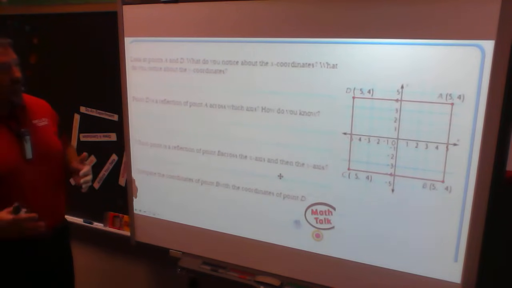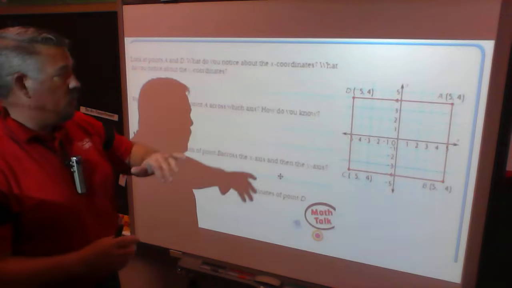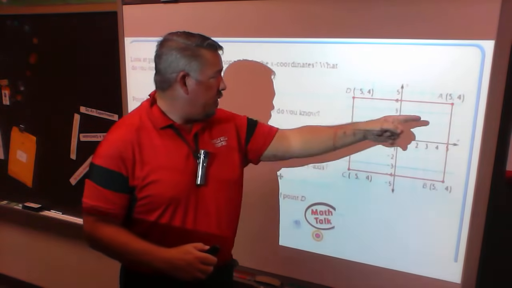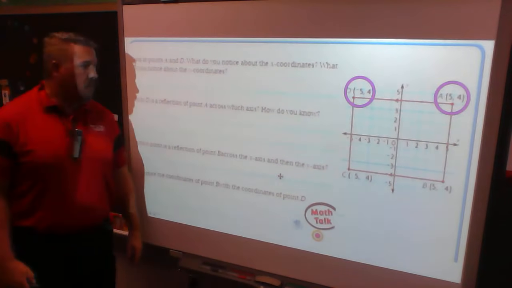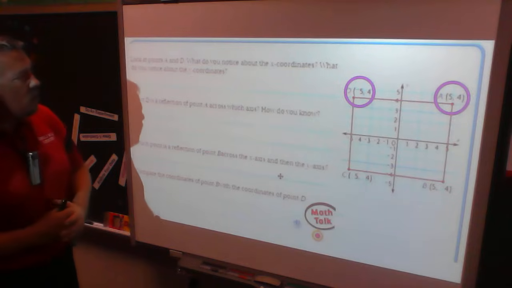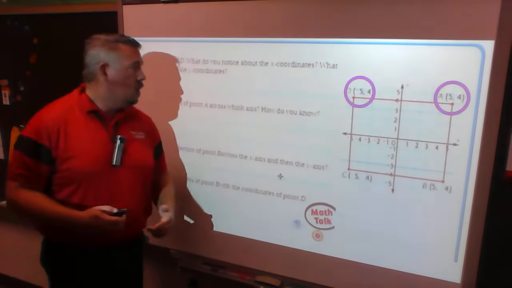Looking at points A and D then, now this just drops down. It's the same ones right underneath the ones we just did in your book. If we have A and D, we're talking about these top 2 points. Look at those, and what do you notice about the x-coordinates on those? We'll have a -5 and a +5.